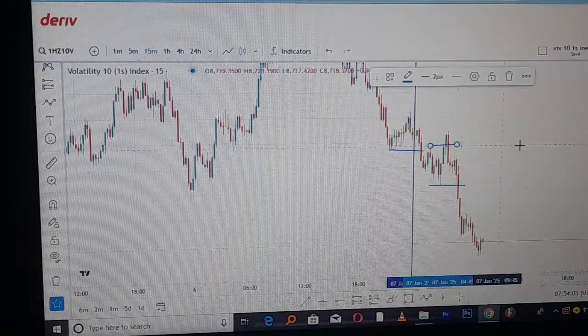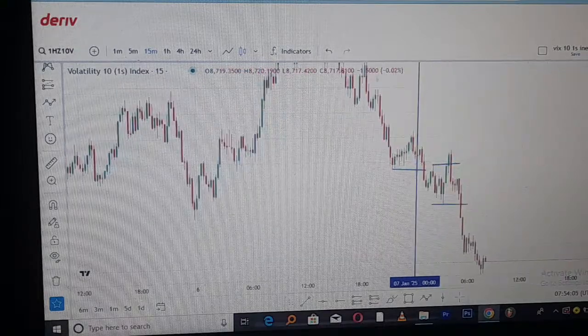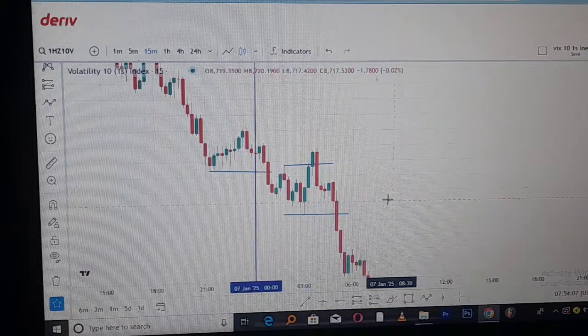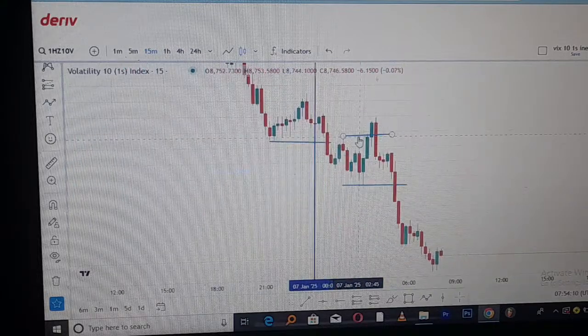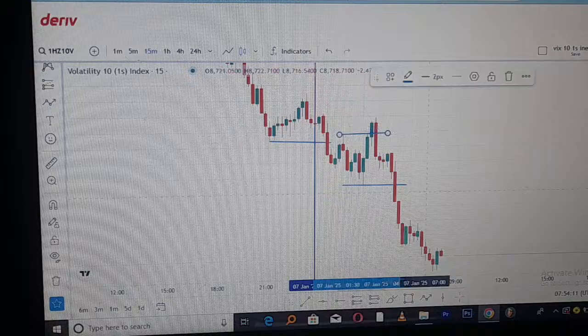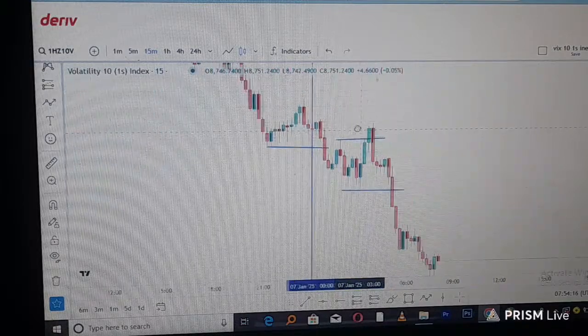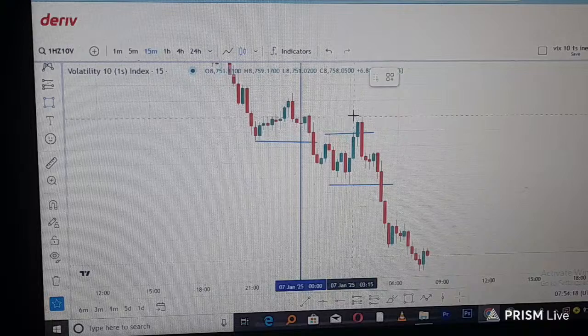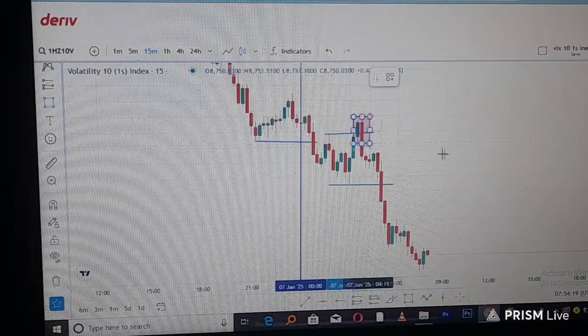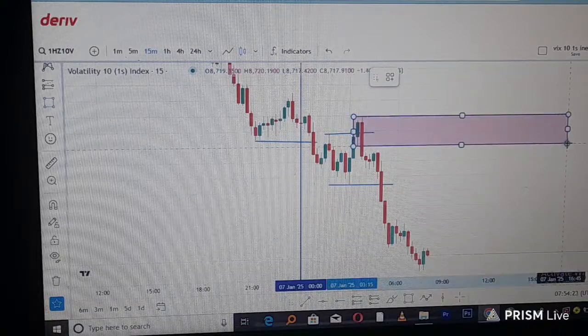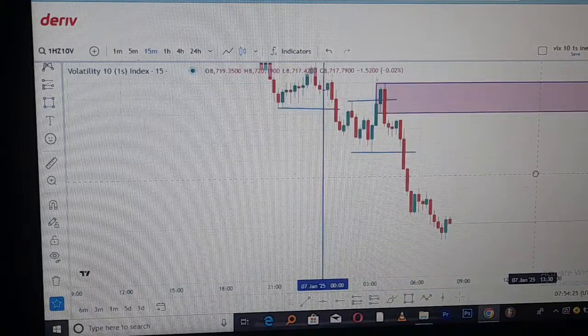So if you love to trade this VIX 10, this is our interest point area here. This is going to be our interested point. We are going to look for the sell.